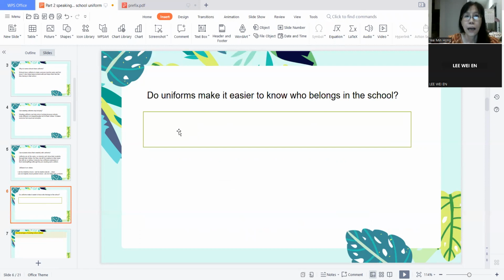Next one. Do uniforms make it easier to know who belongs in the school and why? Yes. Uniforms make it easier to know who belongs in the school.